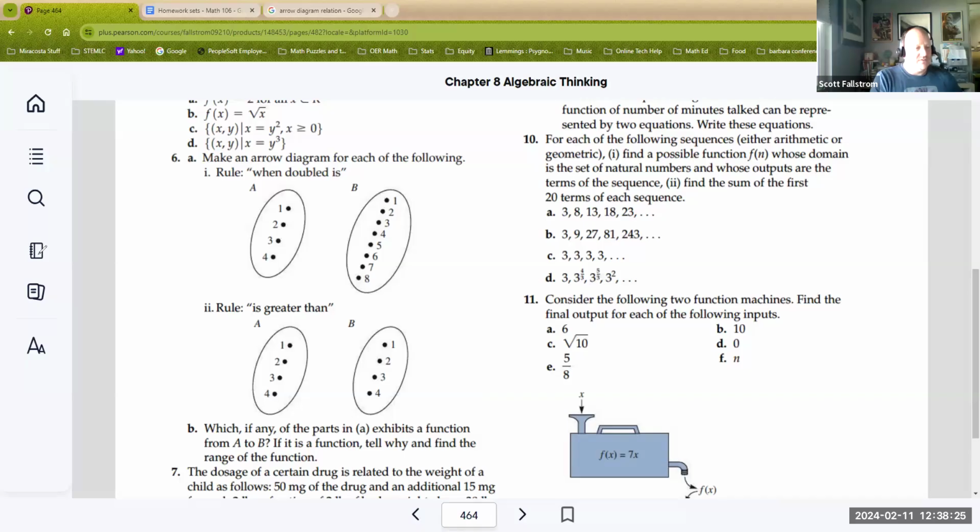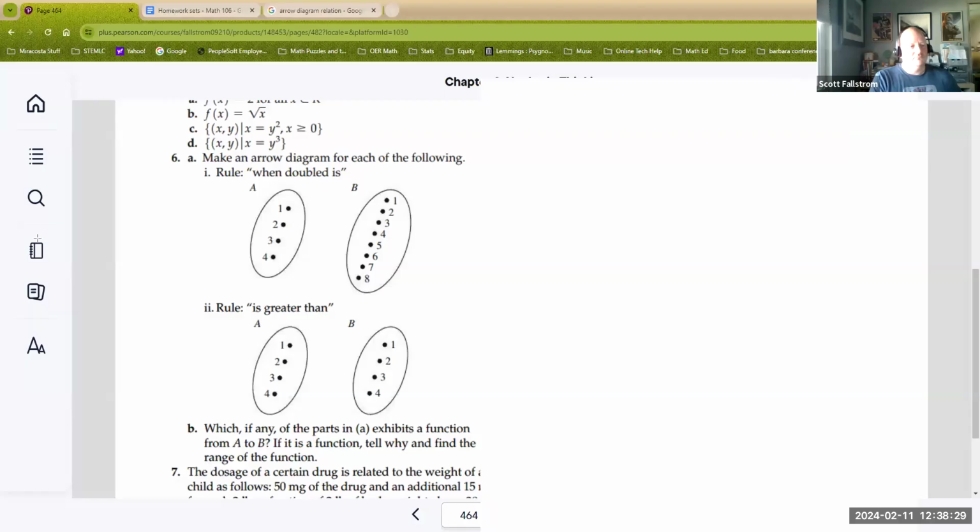So let me show what that looks like. Okay, so if I say the rule is when doubled is. The way that looks is you start with the number one, and then you finish the sentence with whatever's in there. One when doubled is 2.